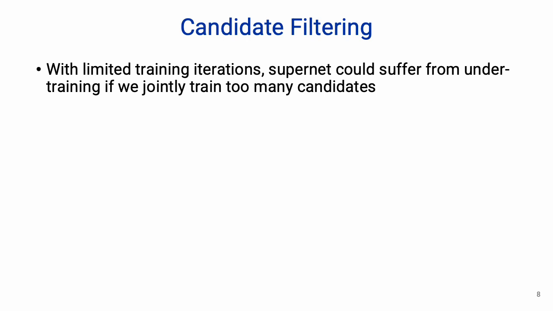In designing our low-rank supernet to ensure all the encoded architectures are well trained, we confront a challenge of undertraining. This issue emerges particularly when the number of architectures that we are going to train together exceeds the capacity of our limited training iterations.